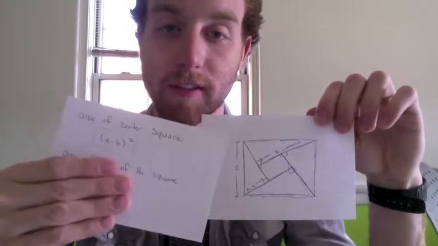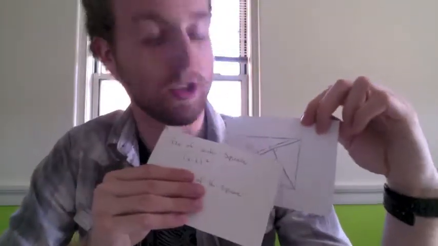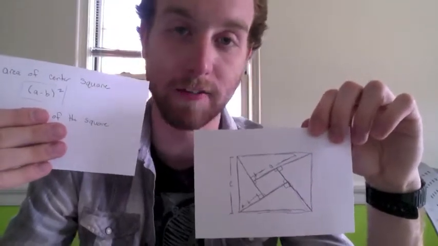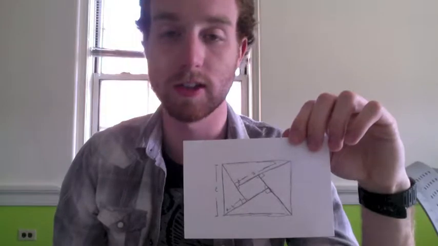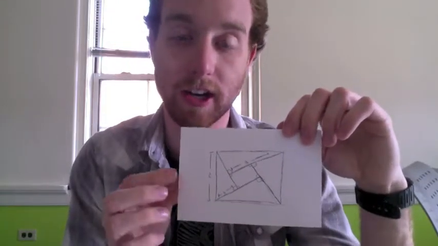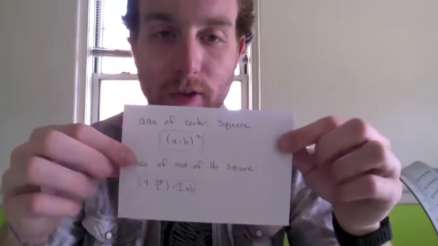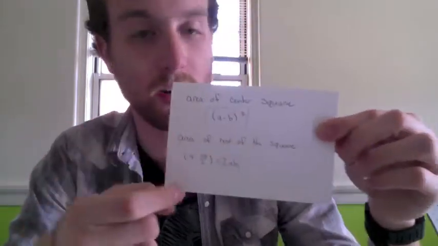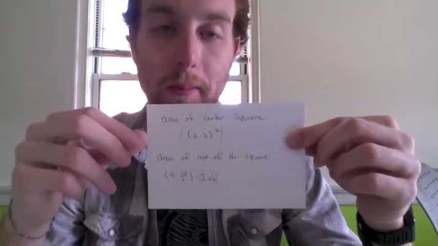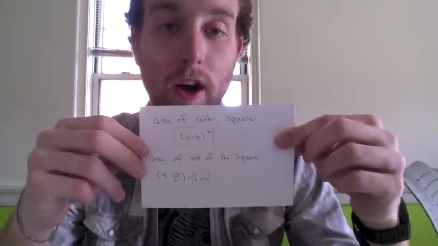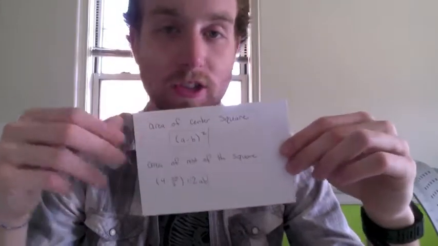Each of those triangles is 1/2 A times B, which is just the basic formula for a triangle. To find the area of the rest of the square, there's four triangles, so it's 4 times AB divided by 2, which is 1/2 AB each, and that simplifies to just 2AB.